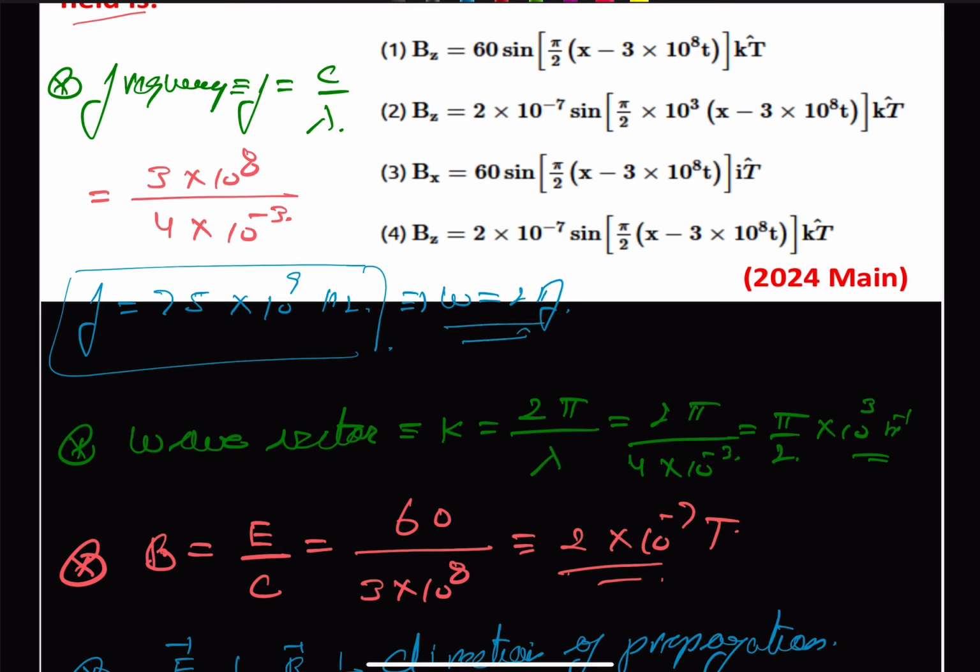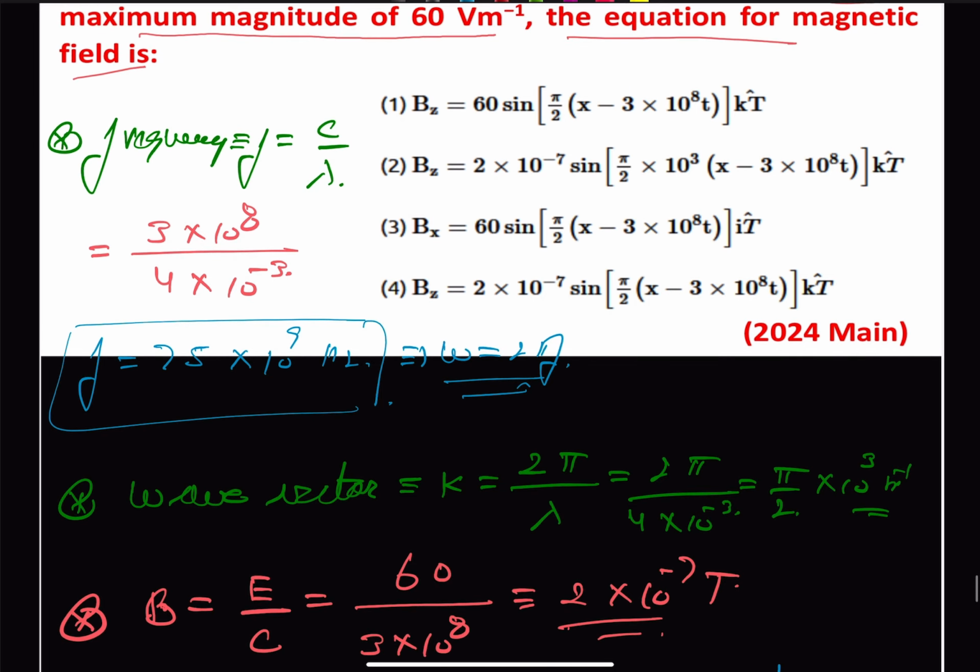So from all the given options, we can at least see that the relationship is that this will be multiplied by our wave vector and this will be our omega. And everywhere there is a presence of a negative sign. All the options are giving us a negative sign.